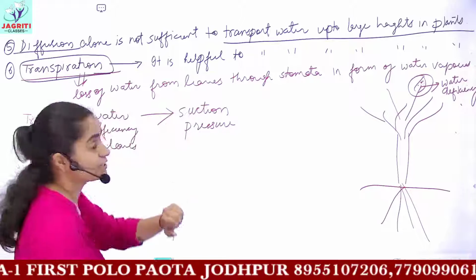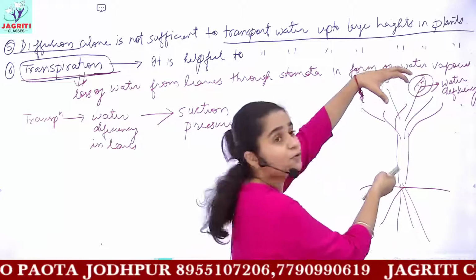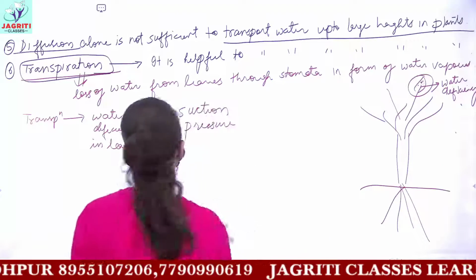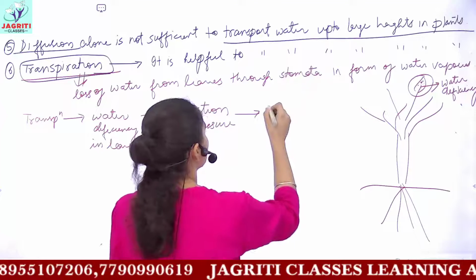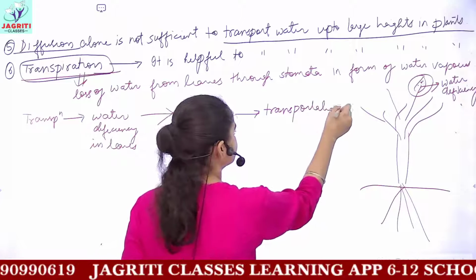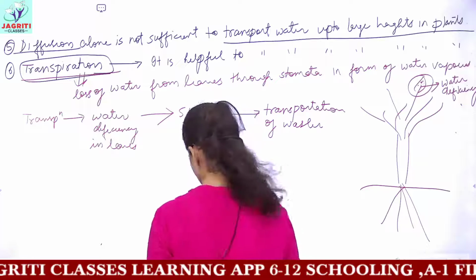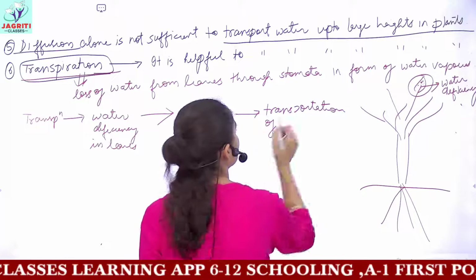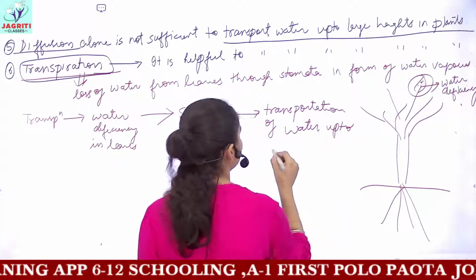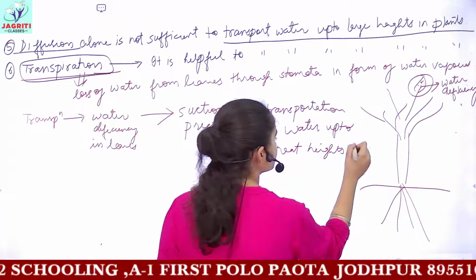So a similar kind of suction pressure enables water to be absorbed from the soil and to move up to great heights. This suction pressure is responsible for transportation of water up to great heights in plants.